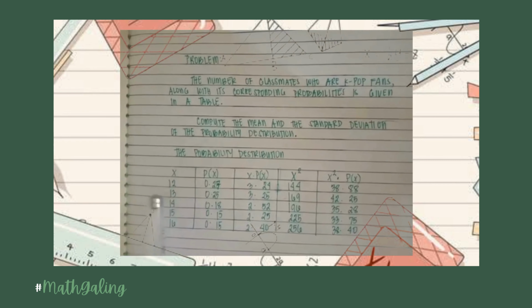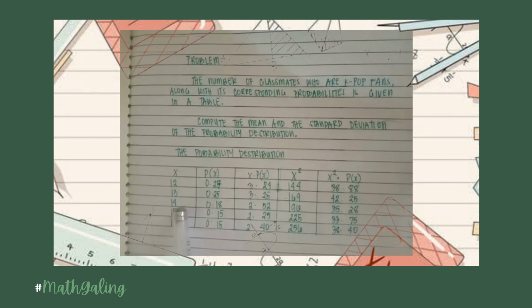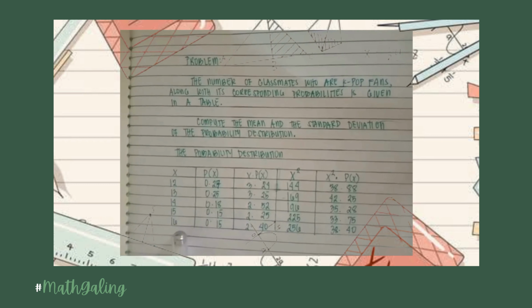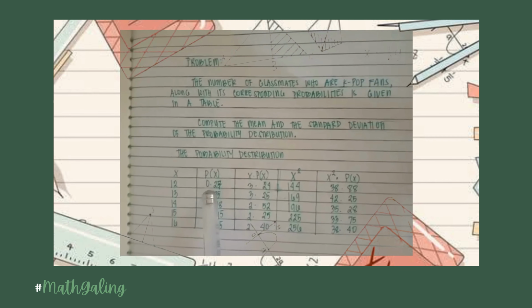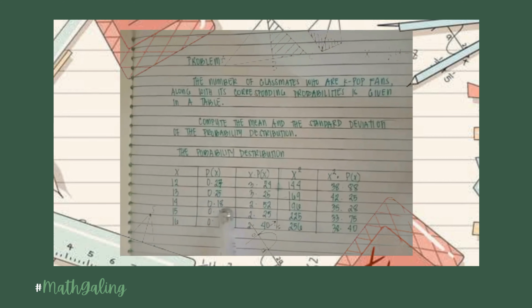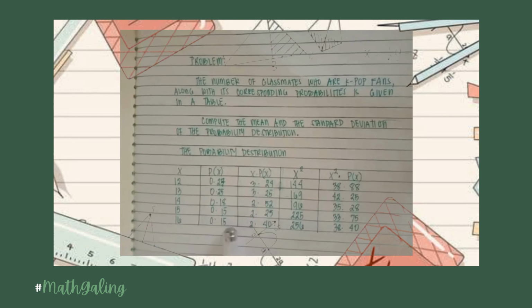So these are 12, 13, 14, 15, 16. P times X, so it is 0.27, 0.25, 0.18, 0.15, and 0.15.